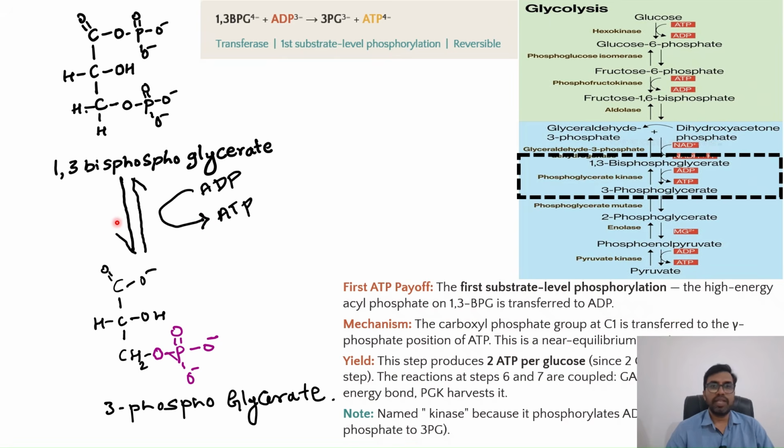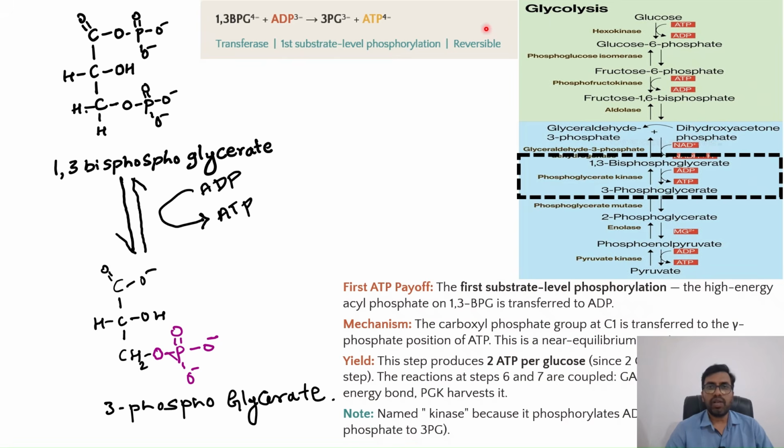Now the enzyme for this particular reaction is phosphoglycerate kinase. It has been named kinase because kinases take the phosphate group from nucleotide triphosphates and add it to other substrates.